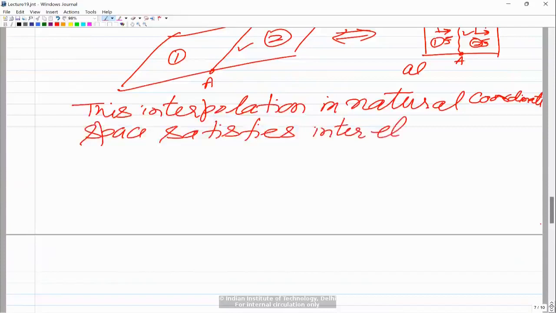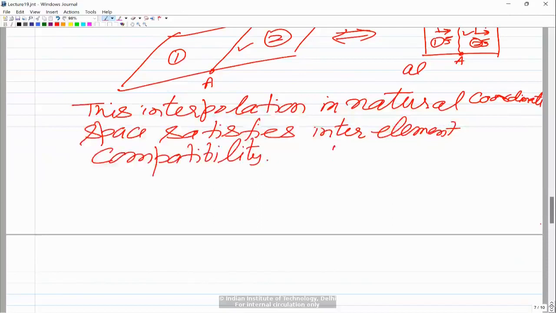And this is very important. If you use an element that is not compatible, one problem is that it will not give monotonic convergence. Monotonic convergence means when you increase the number of elements, so the element is like this.